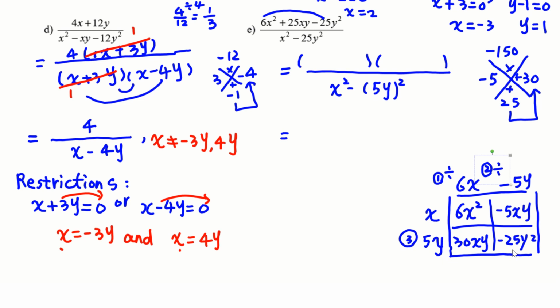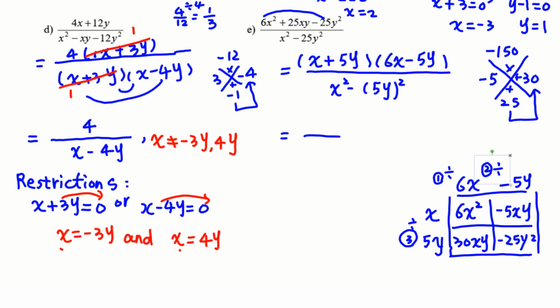Then the last one is for checking. Negative 5y times 5y gives you negative 25y squared. So these two sides times together give you the area of these 4 boxes. Then these add together are your 3-term trinomial. So we put these two sides in the bracket. We call this the length and width model. Okay? x plus 5y, 6x minus 5y.